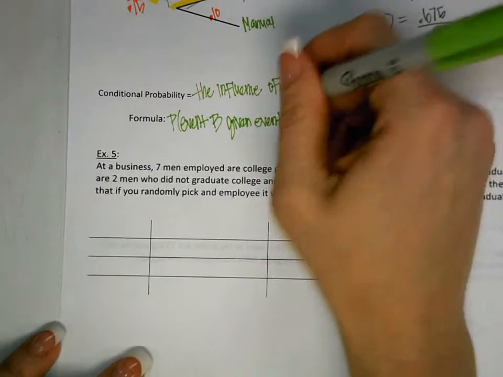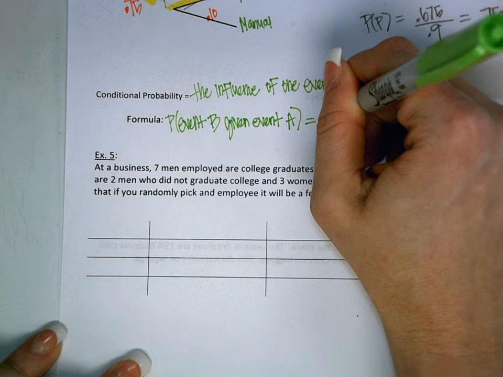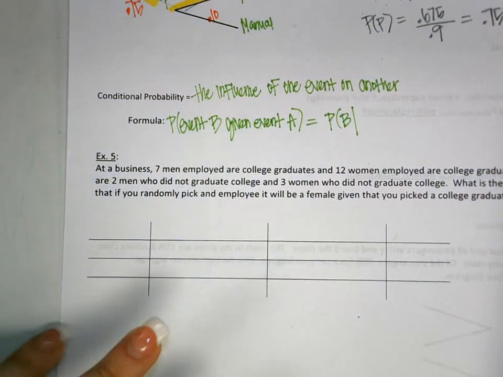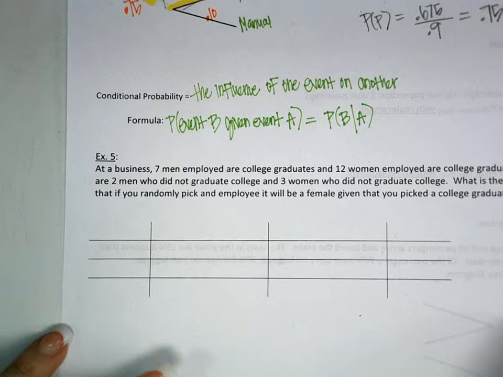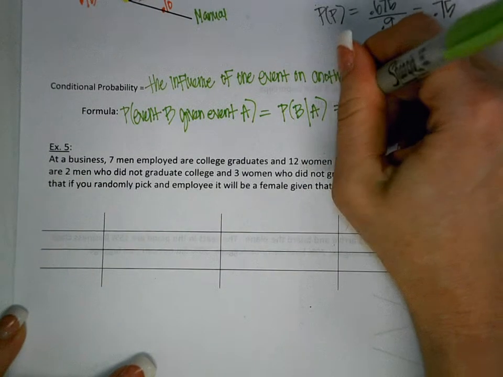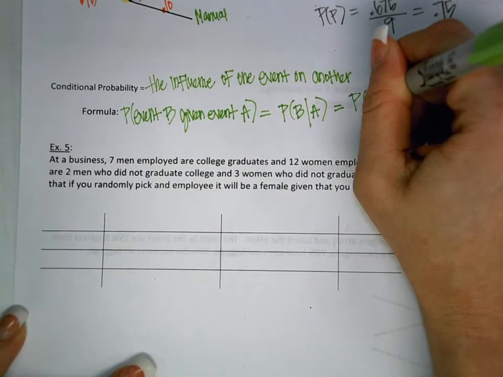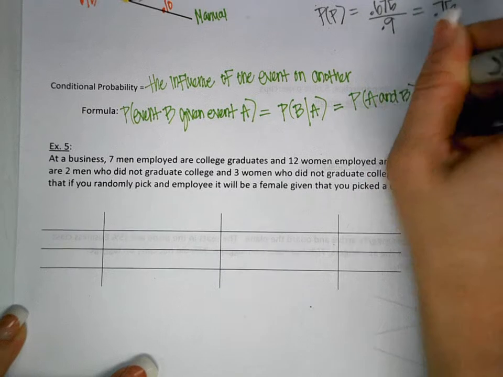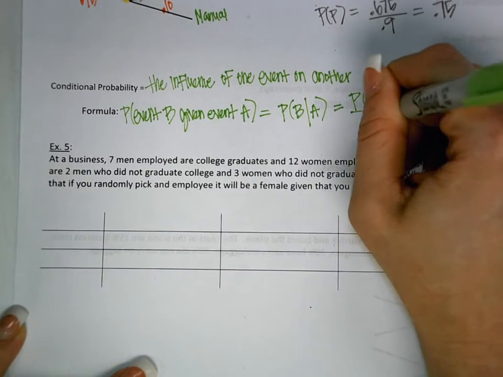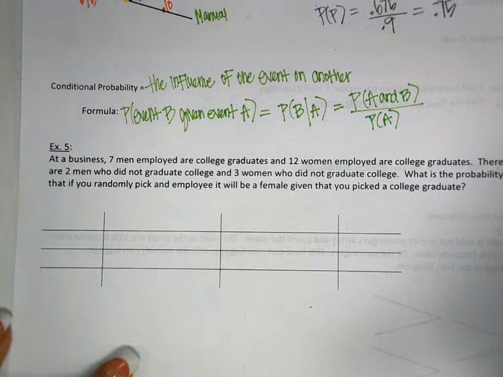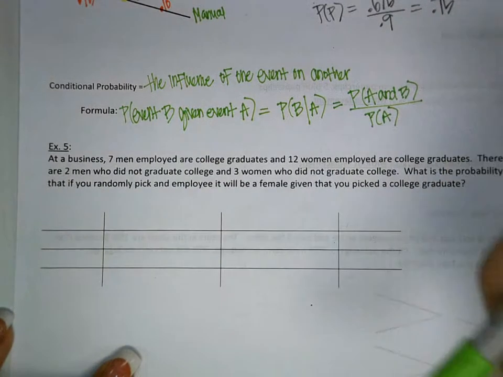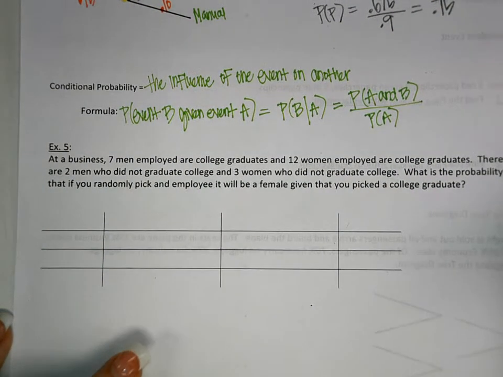That's written as probability of B, this big line that says given A. Probability of B given A, and that is equal to probability of A and B divided by the probability of A. So it's always divided by the second one. This is a super important formula. You need to memorize it and know how to use it.